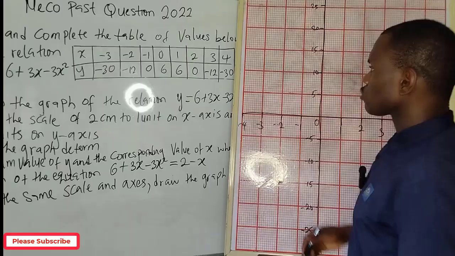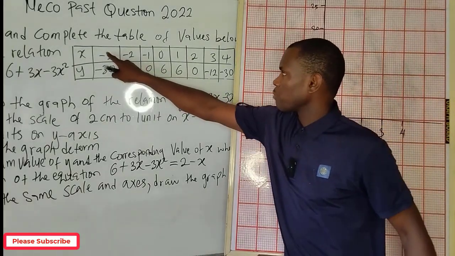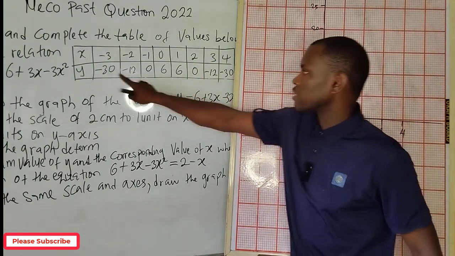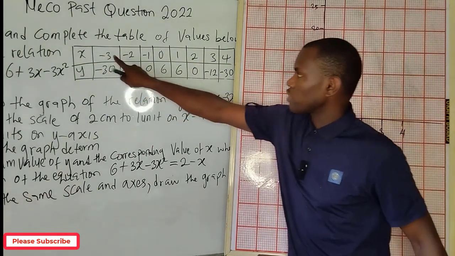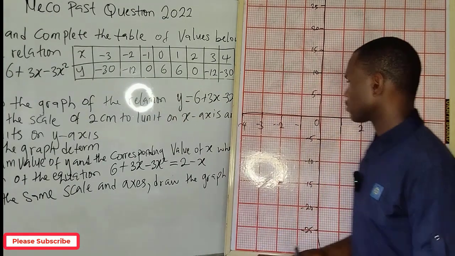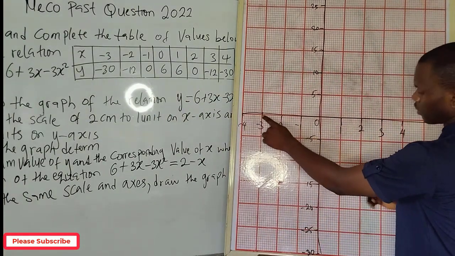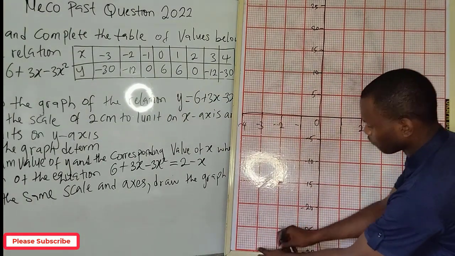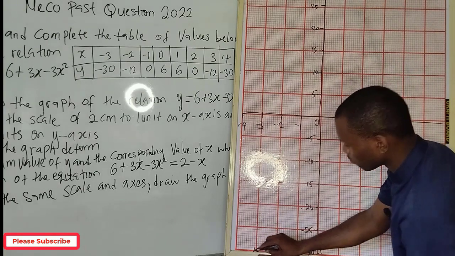Then we plot. To plot the graph, we'll construct or plot the x-axis against the y-axis. The first is -3 and -30. -3 for x, -30 for y. They will meet at this point.